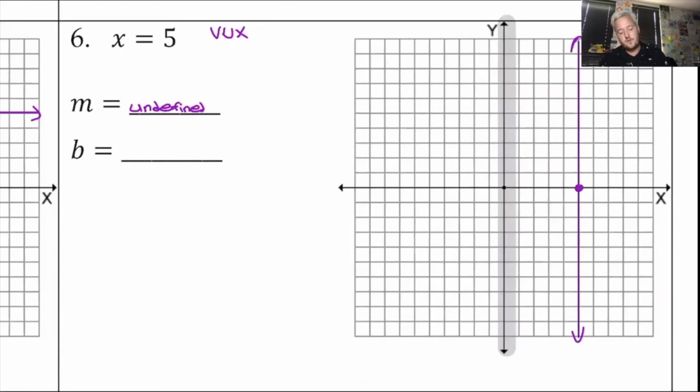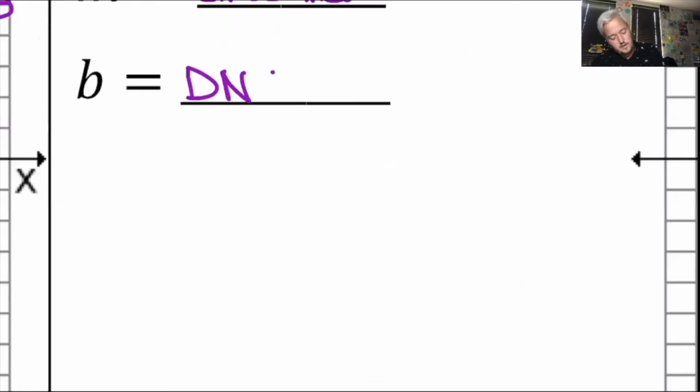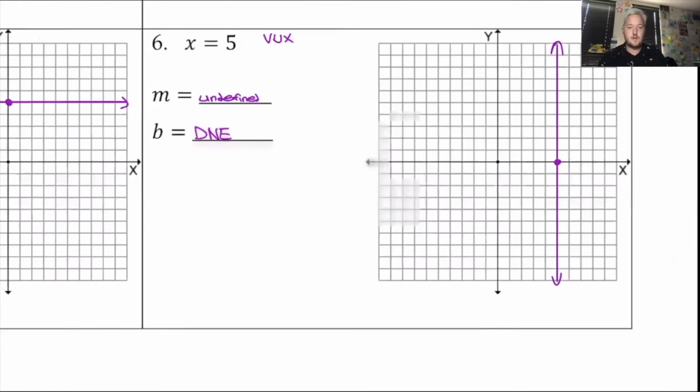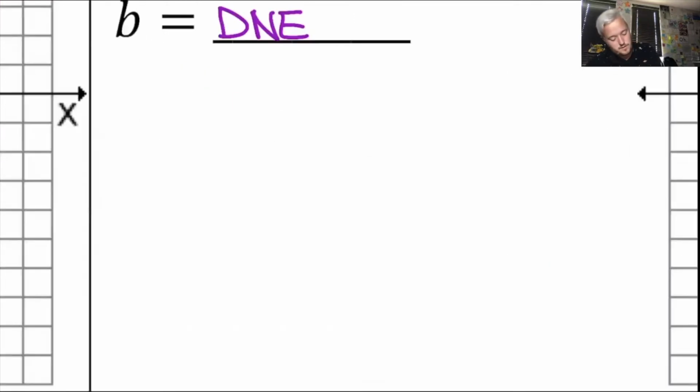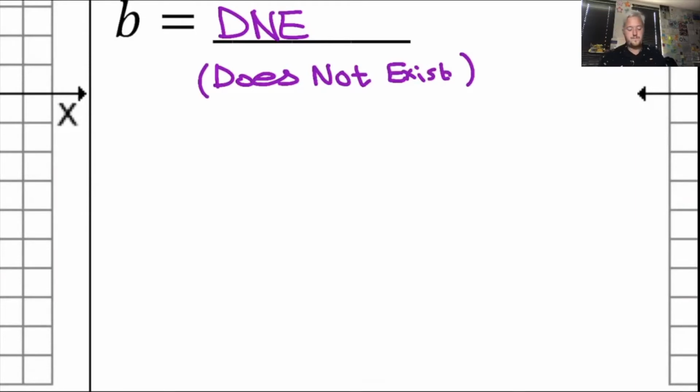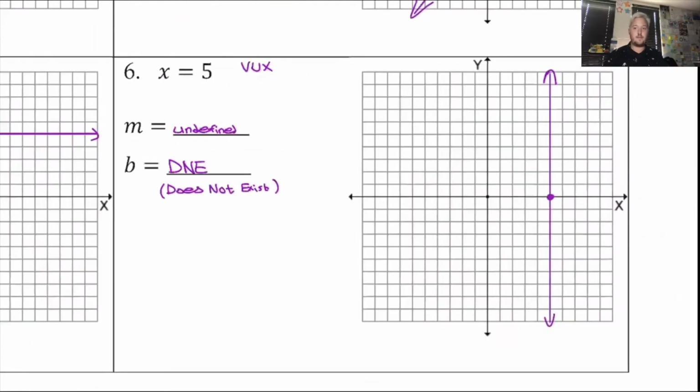So what that means for your y-intercept here is DNE. It does not exist. For those of you that need a reminder, it does not exist. It never crosses the y-axis, so we can't have a y-intercept.